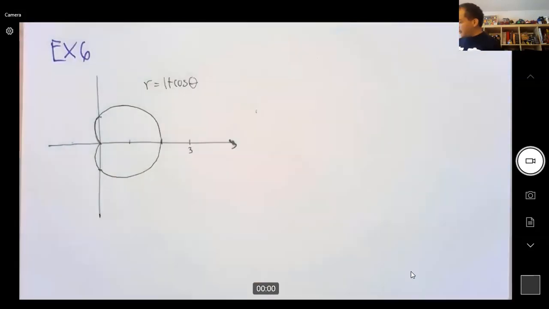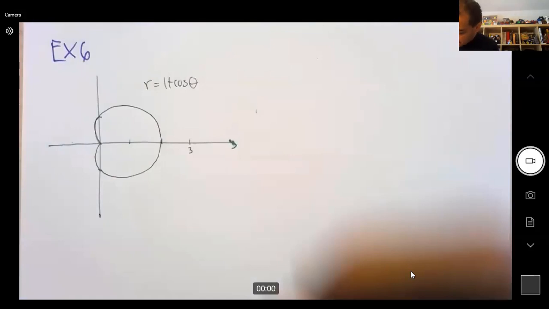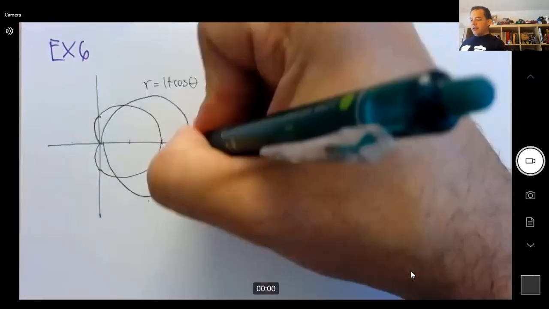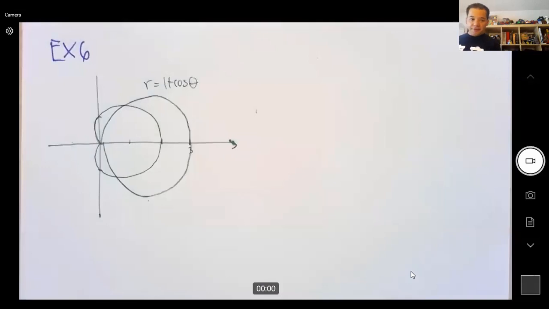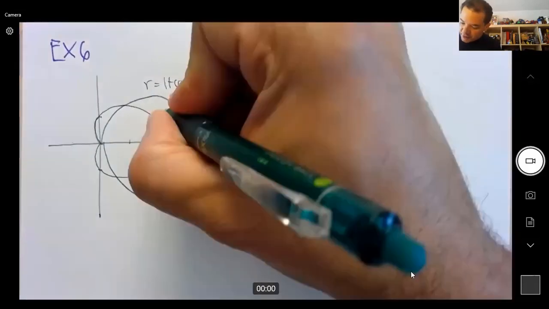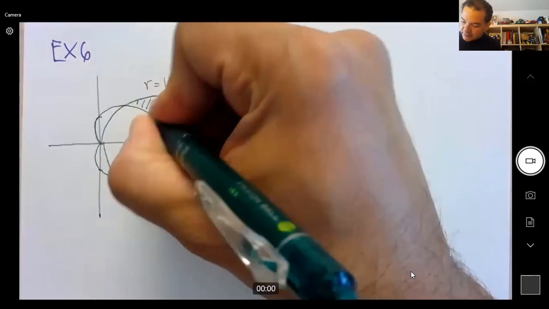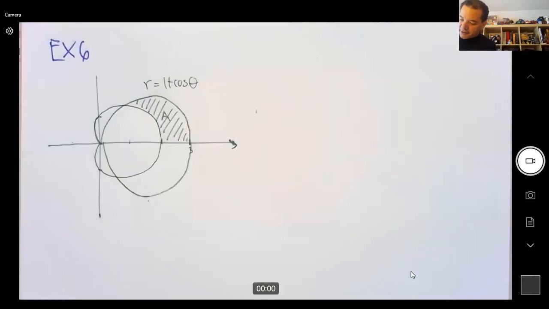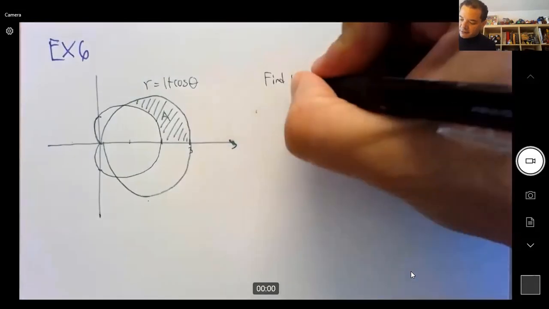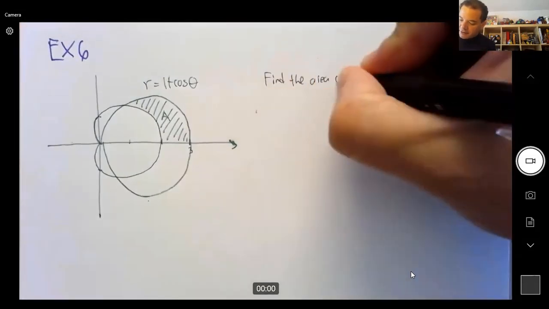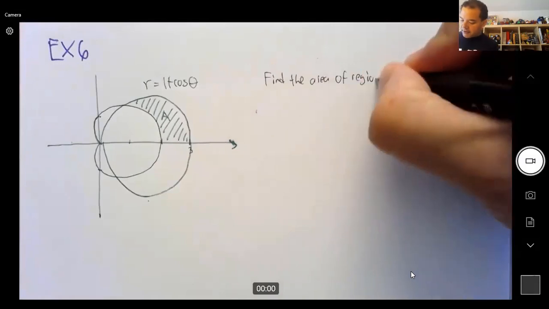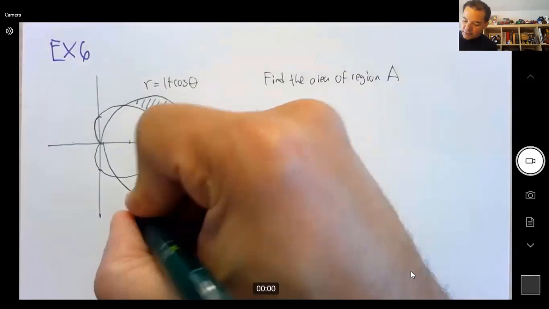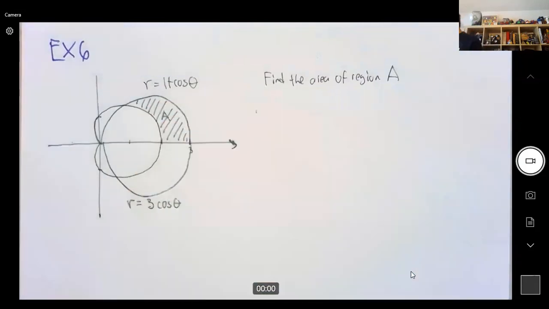So it's a circle of radius 1.5. All right. And first question we want to do is region A. What is this area? So find the area of region A. And remember, this blue circle has a polar equation 3 cosine theta.